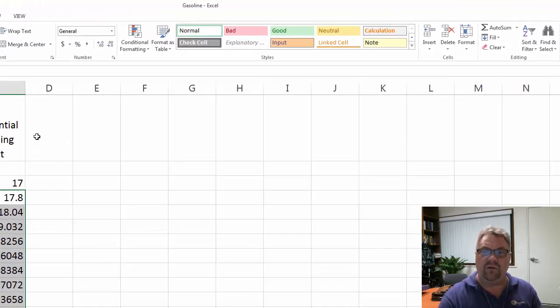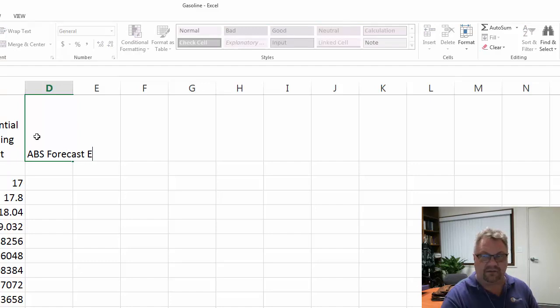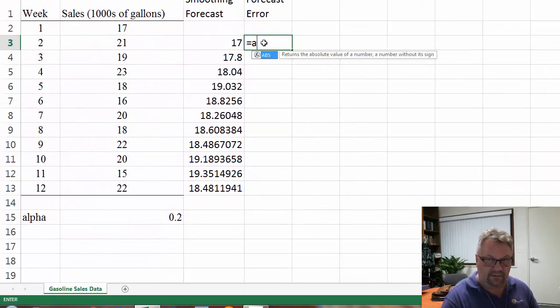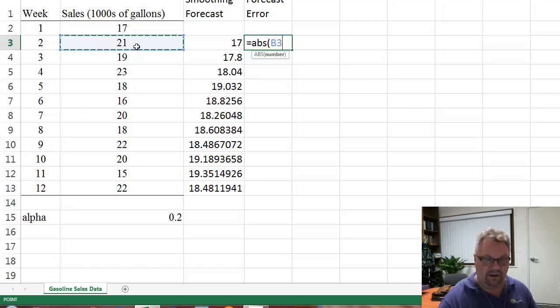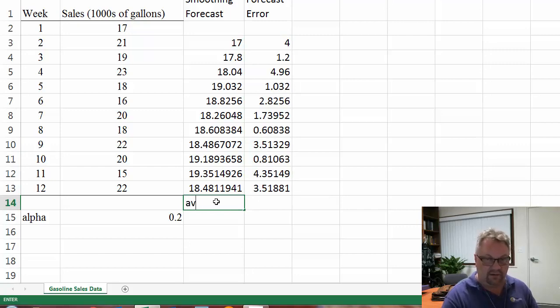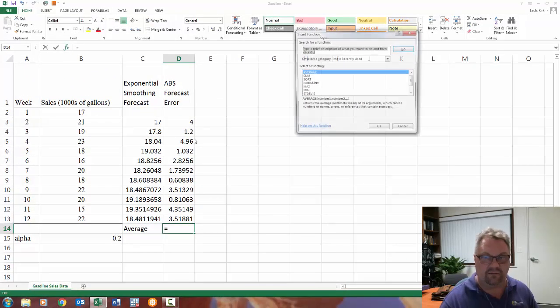All right? And then, once we've got all this stuff, we can calculate our accuracy. So, absolute value of the forecast error. This is the ABS of actual minus forecast, although it doesn't matter what order. I'll do that. Copy that down. And then same thing, calculate the average.